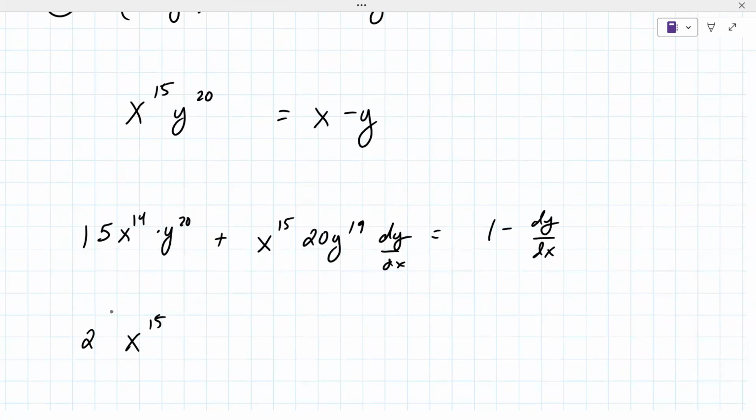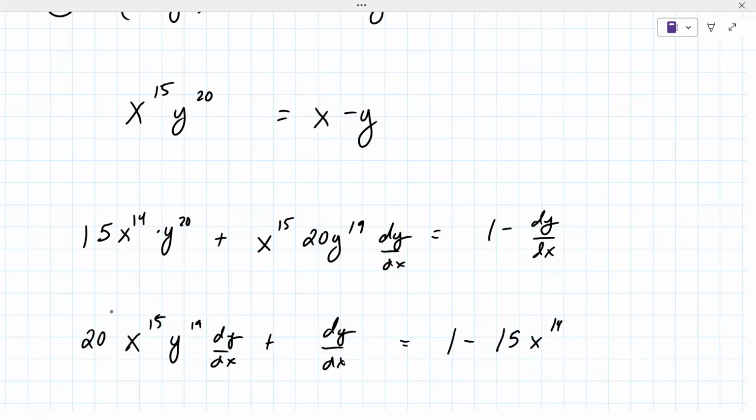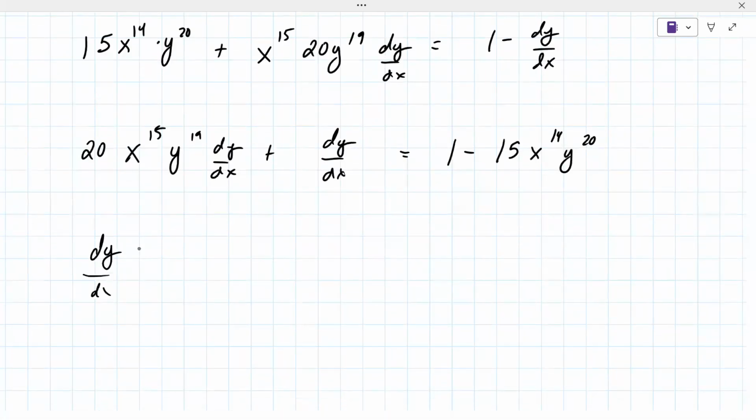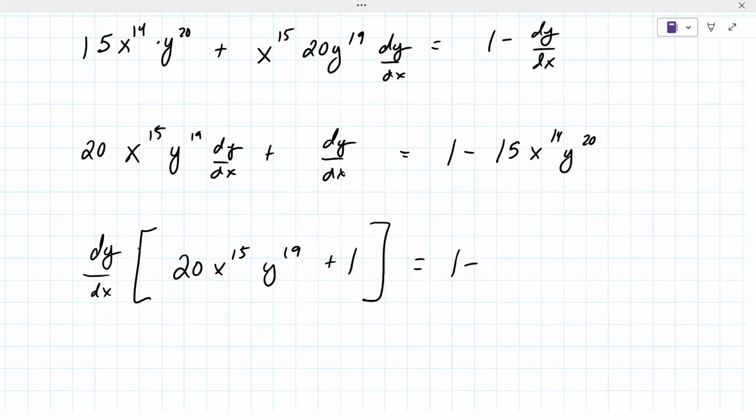A lot of writing on these. And then you factor out the dy dx. Plus dy dx equals 1 minus 14.